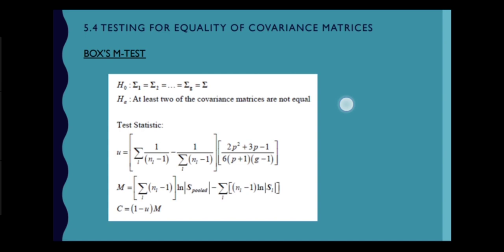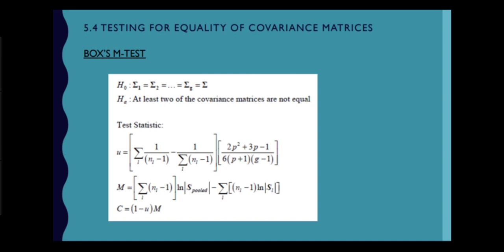Okay, the test statistic is actually C here, the test statistic for Box's M test. But in order to find the C, we need the value of U and the value of M. Okay, so U, the formula of U is the summation of 1 over n_l minus 1.